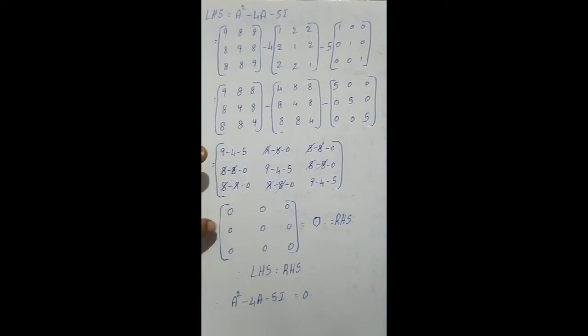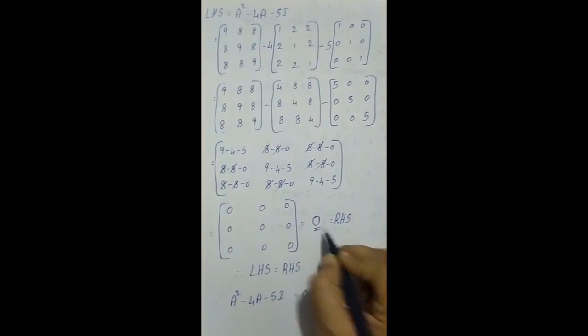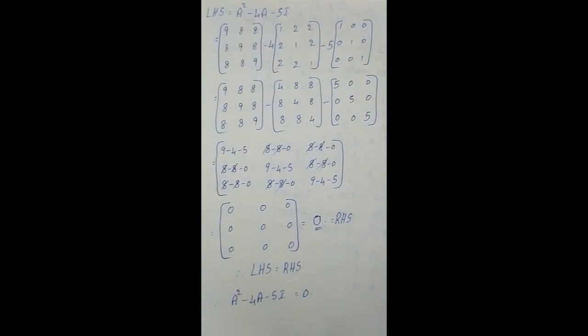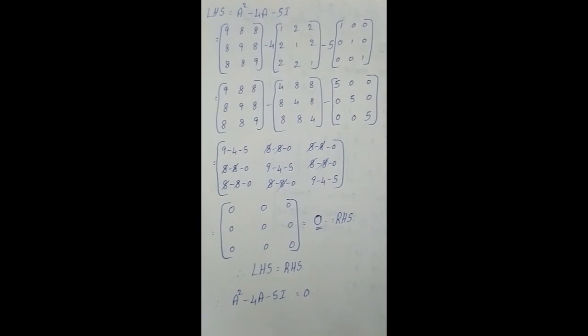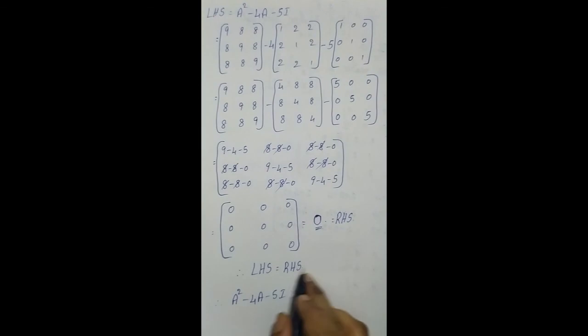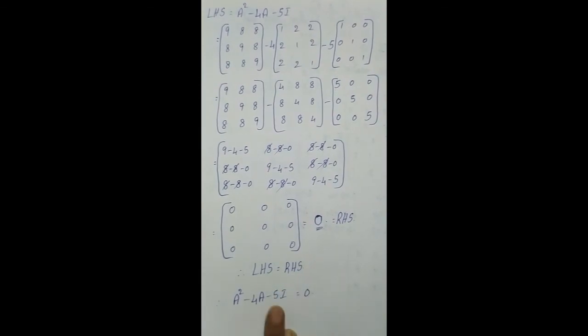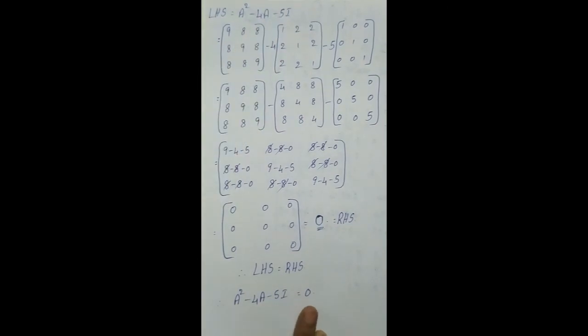After subtraction, the final value is all zeros. If all elements are 0 in a matrix, then that matrix is called the zero matrix. The zero matrix is denoted by capital O. That is the RHS, capital O. So LHS equal to RHS. LHS value is A square minus 4A minus 5I, that is equal to 0.